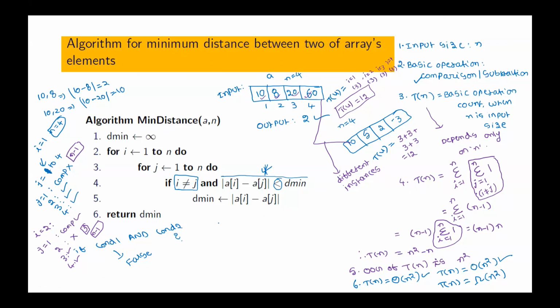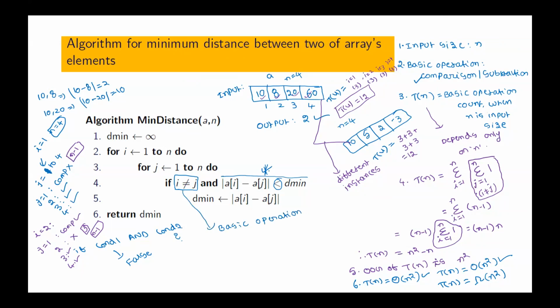Now, if my basic operation, instead of comparison or subtraction, if I take this as my basic operation, you tell me what is T of n value.